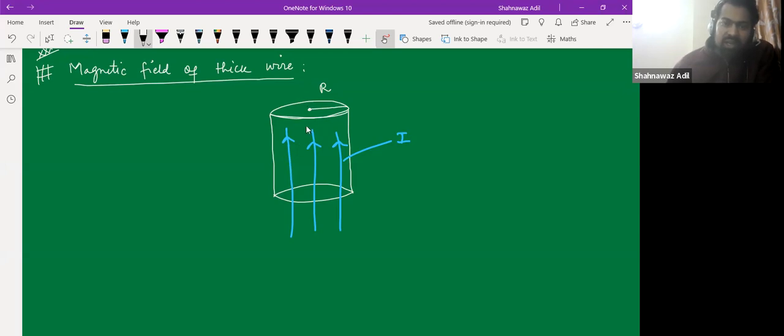This is a solid thick wire, like those cylindrical poles. That is the conductor, and the current flows through it. So there are mainly two regions: one is inside and the other one is outside. So there would be two kinds of magnetic field for the thick wire.